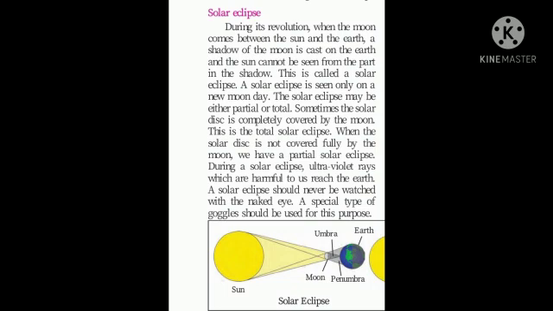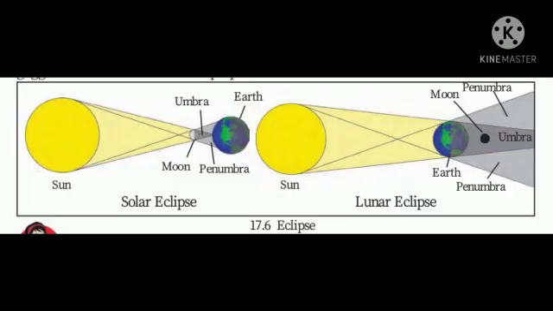The shadow of the moon falls on the earth. The sun can be seen partly or cannot be seen completely from the part in the shadow. This phenomenon is called solar eclipse.